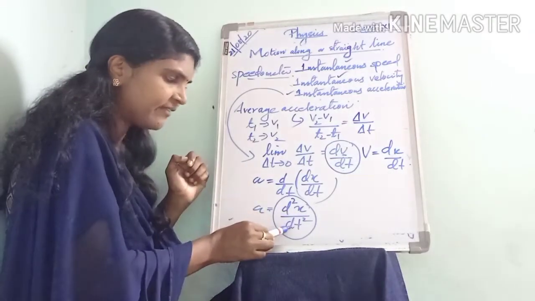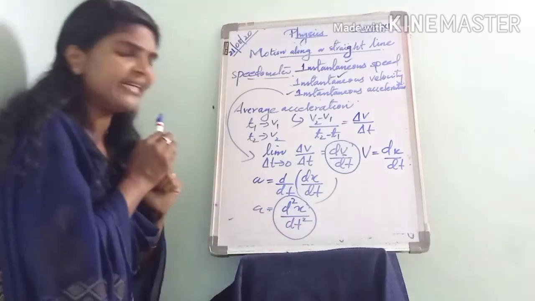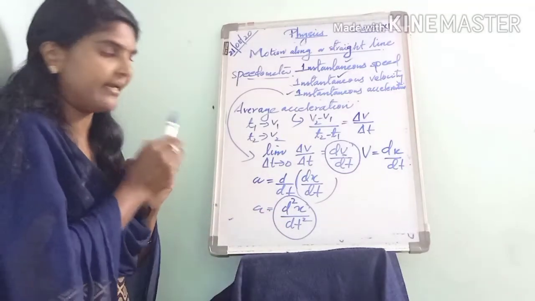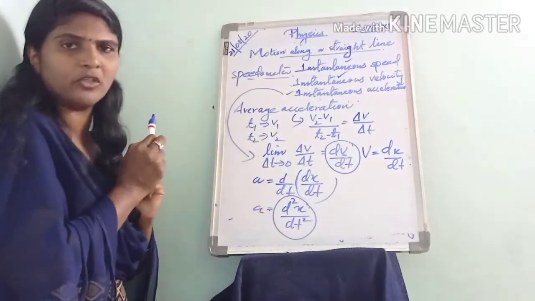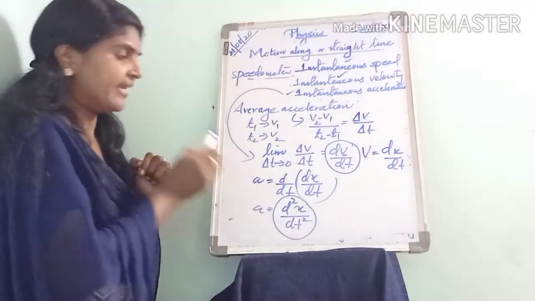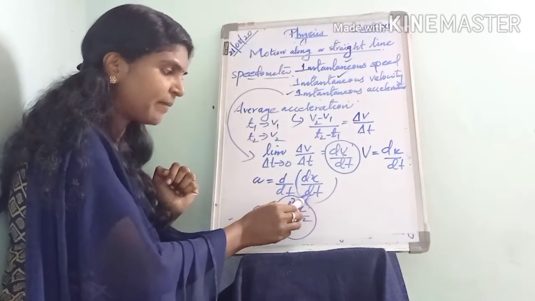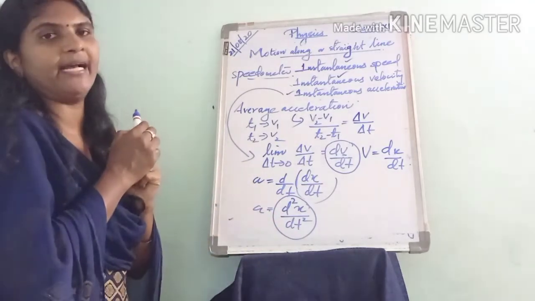Here d square is also an operator, so we cannot cancel these. d by dt of dx by dt takes the form d square x by dt square.